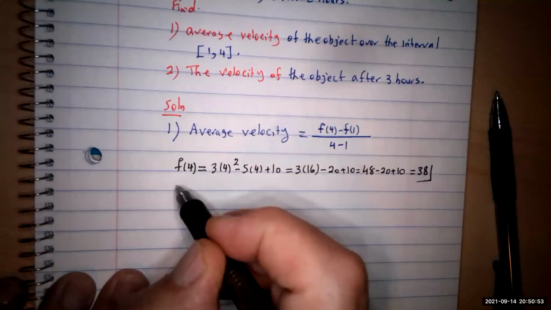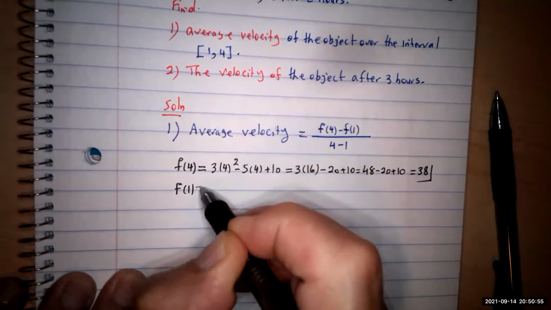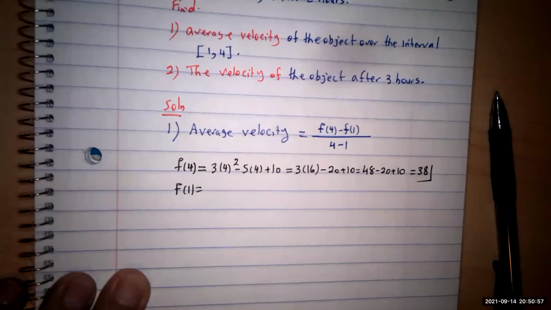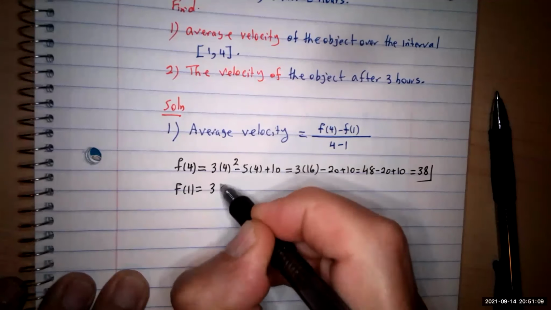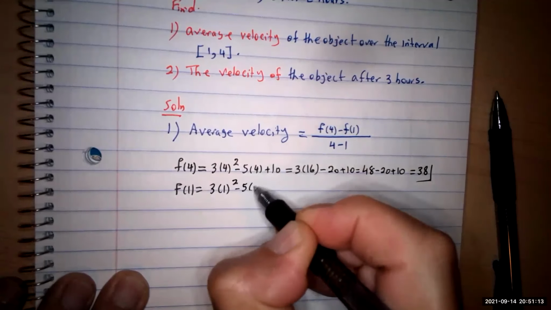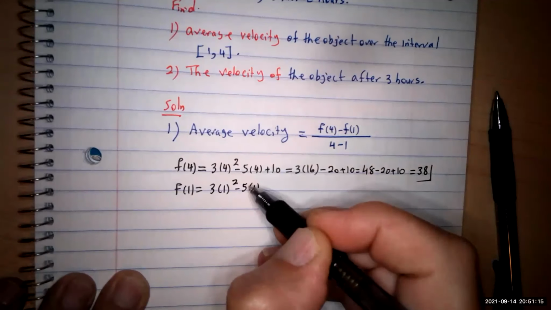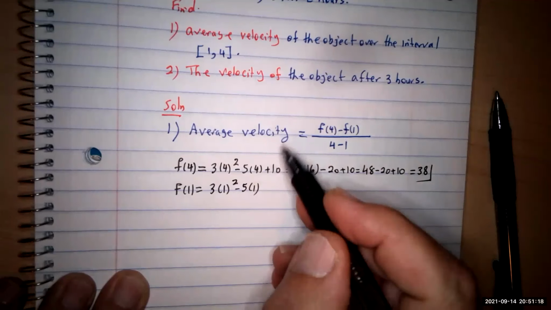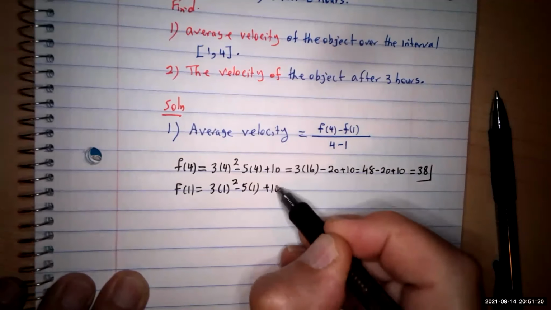Find f of 1. For finding f of 1, you just substitute, replacing t by 1. That gives 3 times 1 squared minus 5 times 1 plus 10.